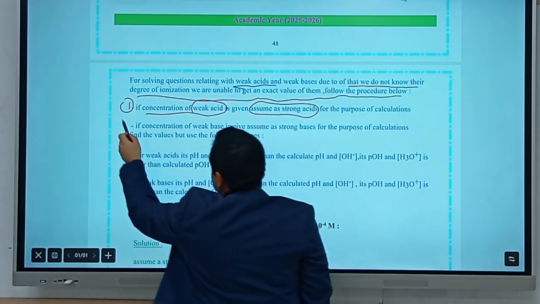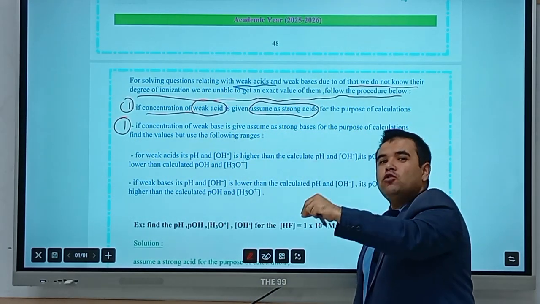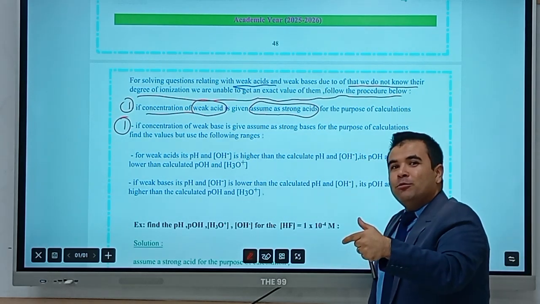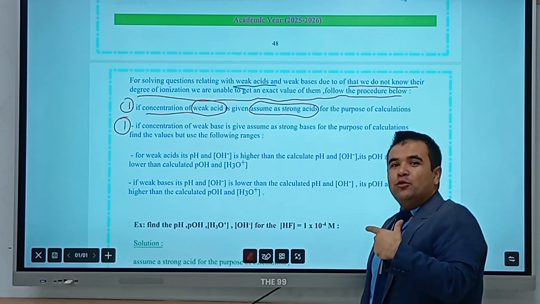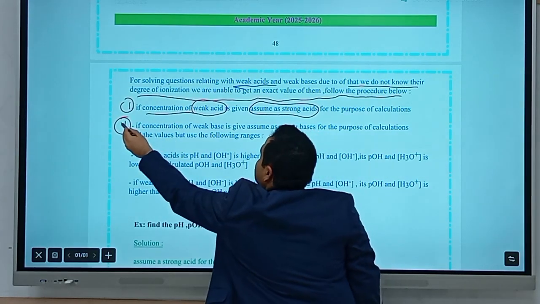But when we calculate the values, later we'll be providing the tips: the hydronium, hydroxide, pH, pOH of the weak, compared to the strong, is what? How about the second, guys?